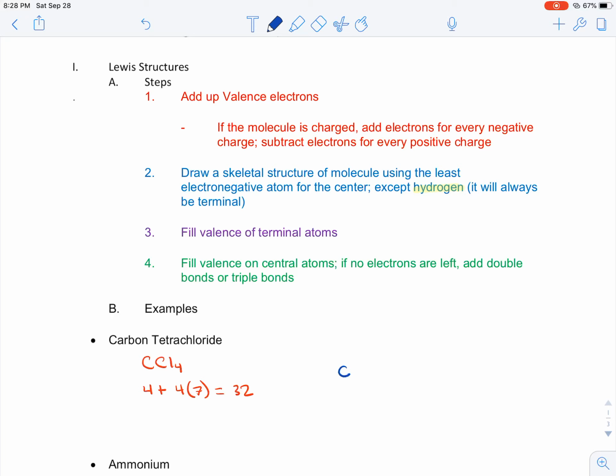A helpful hint here is that oftentimes our first element listed is going to be our central atom. This won't always be true, but a lot of times it will be. So then, to create our skeletal structure, we're going to place the 4 Cls all around the central atom. We're only going to have 1 central atom for right now, so that's what we've done. So that was step 2. Draw the skeletal structure of the molecule using the least electronegative atom.